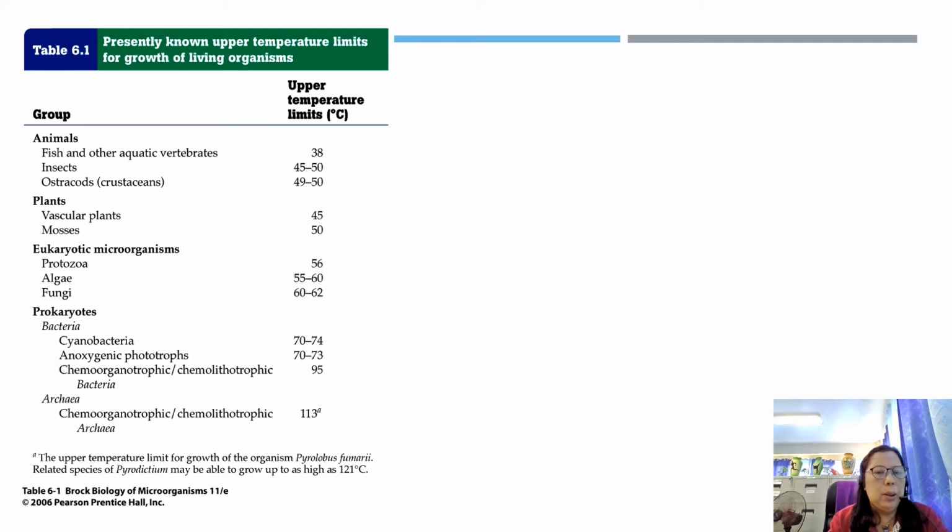The same is true with other living organisms like plants and eukaryotic organisms. So you also have here the list of some microorganisms living at temperatures higher than room temperature.